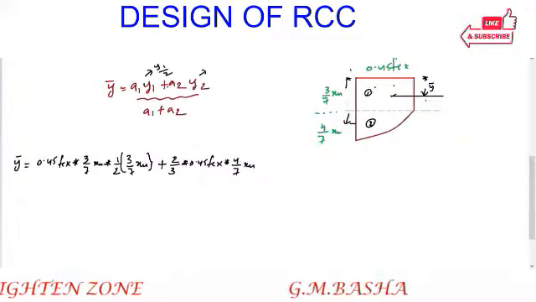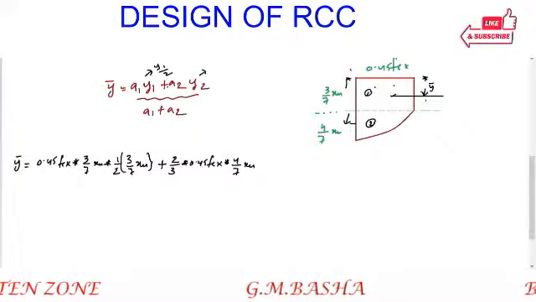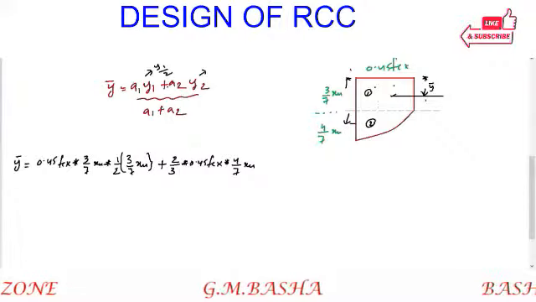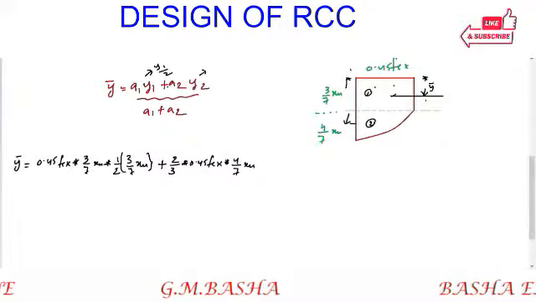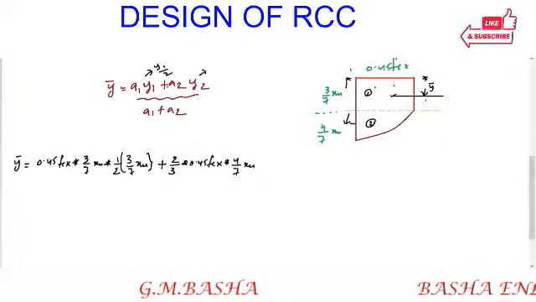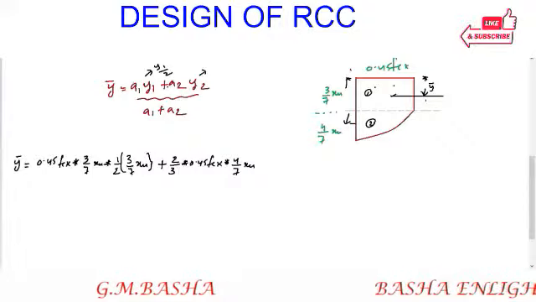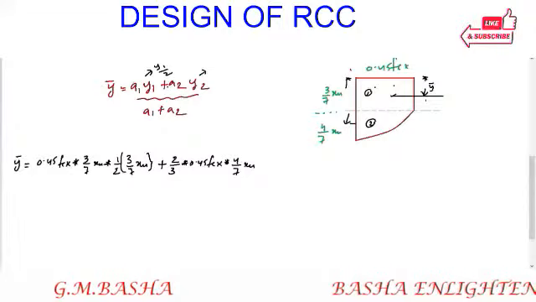For the rectangle we easily know the centroid is exactly half of the distance, but for the parabola it is difficult to find the exact center position. For that we have to derive it in terms of integration, again a lengthy problem to solve for finding the centroid.